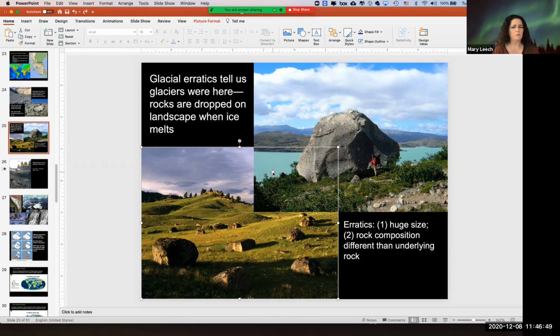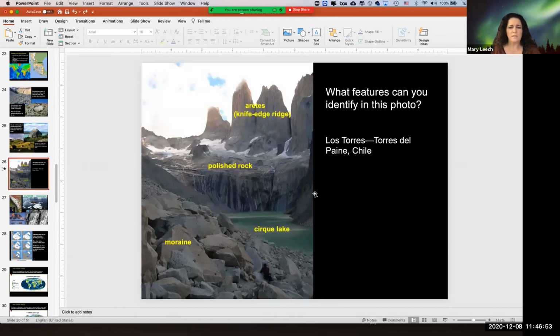Check out the blue color of the lake again. That's glacial outwash, the glacial flour, that does that. Here's a beautiful arête, a knife-edged ridge, and it really is knife-edged. This is a lake in a cirque. All of this rock, look how polished that is.